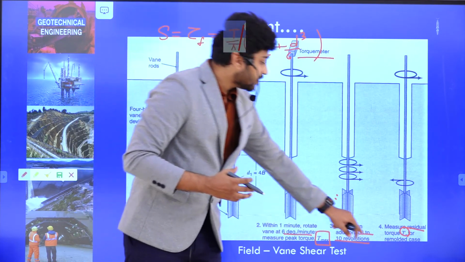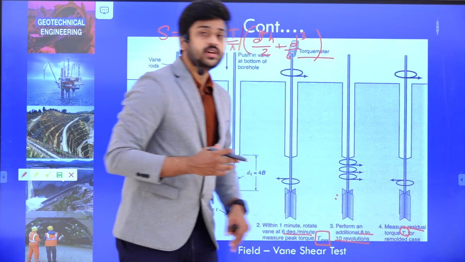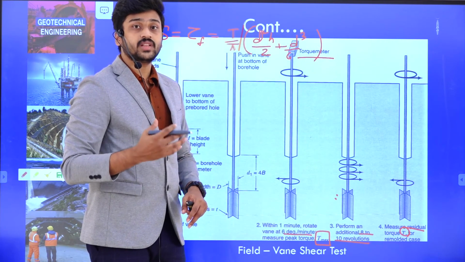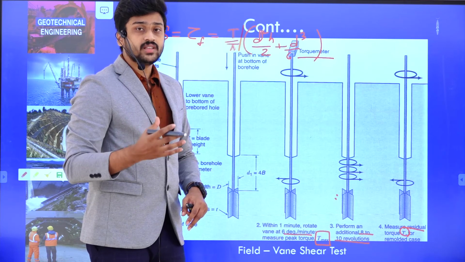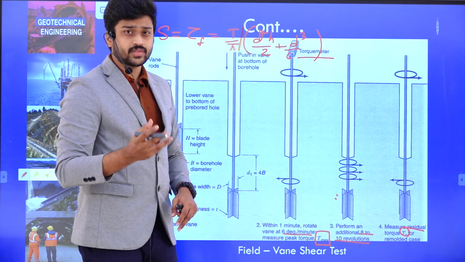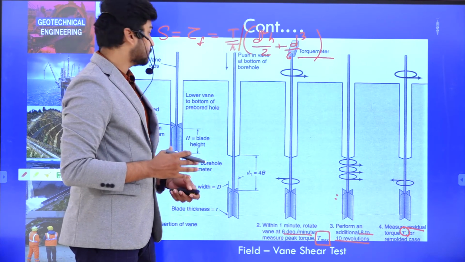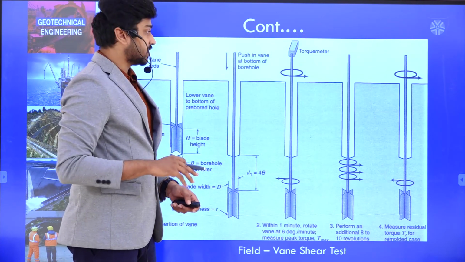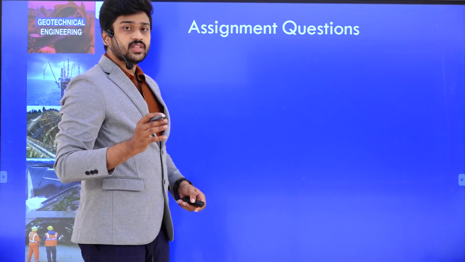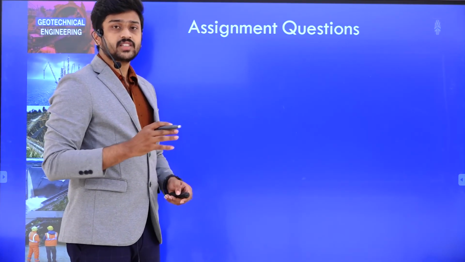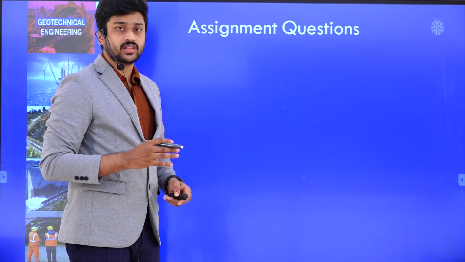So for that we have to determine the residual torque. TR is determined for the remolded type of soil. In this way we find out T max as well as TR, and then we determine the shear strength. So this is regarding the entire vane shear test as well as the unconfined compression strength test.